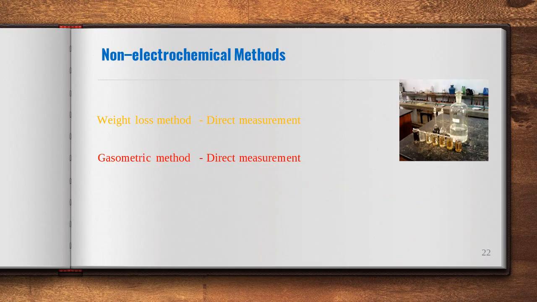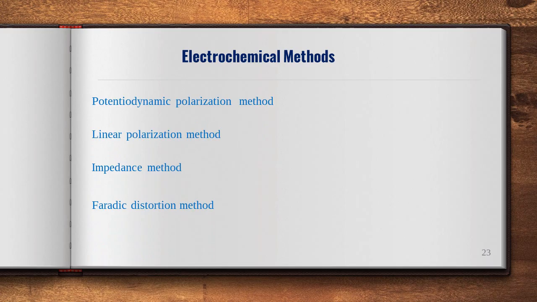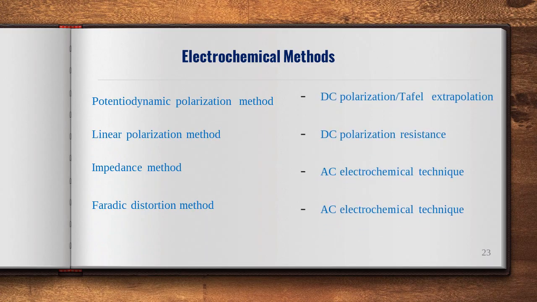Both the methods are direct measurement methods. Electrochemical methods like potentiodynamic polarization method, linear polarization method, which involves the direct current polarization, and impedance method and Faradaic distortion method involve the alternating current electrochemical techniques.